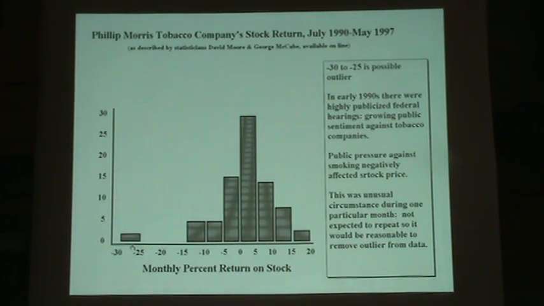And as we can see here, the price is fairly normally distributed. Well, this event is sort of a freak event that happened one time, and it's not likely to repeat again. So in this case, you would probably not use this outlier in the data set.